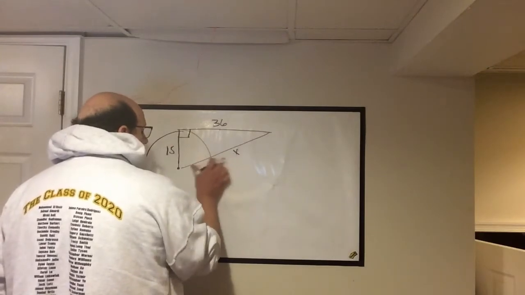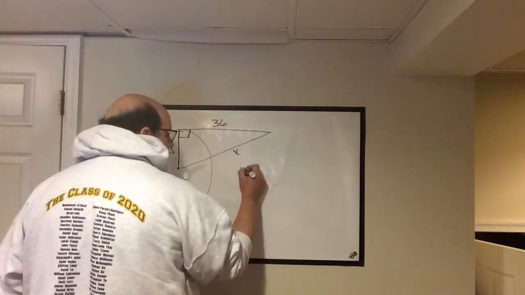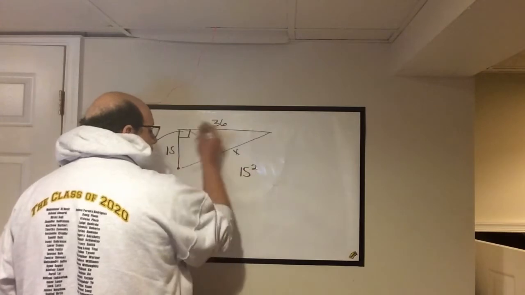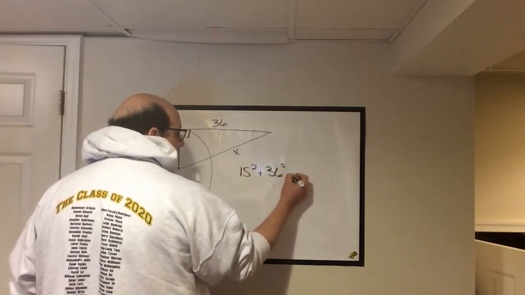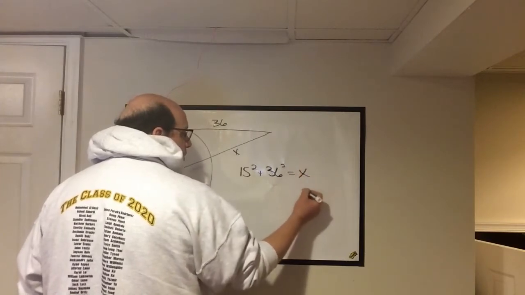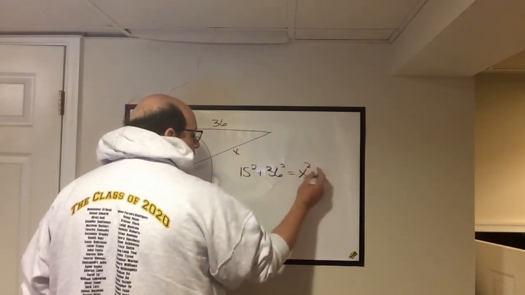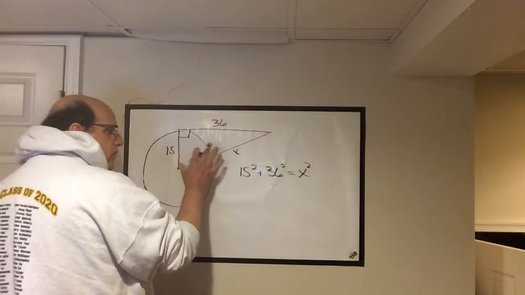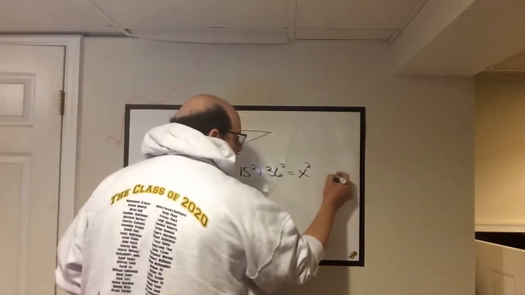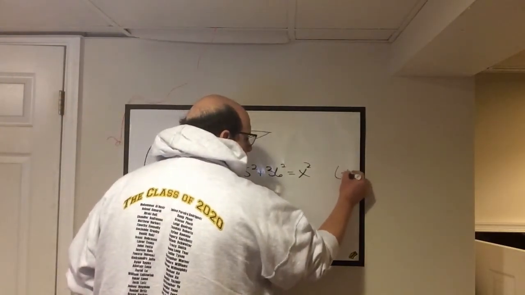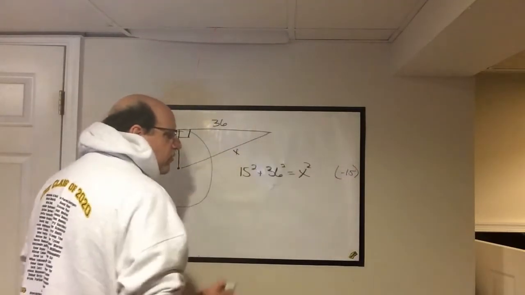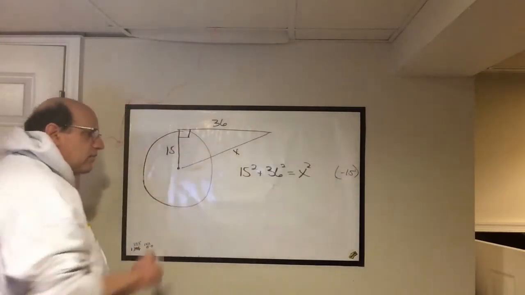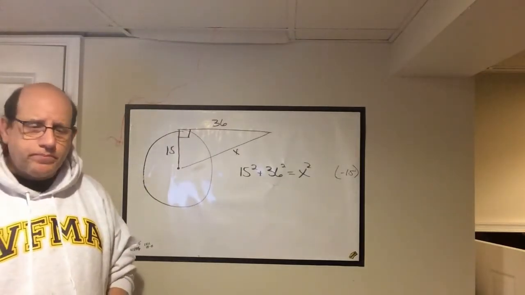Get rid of this 15 for now because it's going to confuse you: 15 squared, this leg, plus 36 squared, this leg, equals the hypotenuse squared, and then I'm going to put out here minus 15 that we've already been given. We're going to find the big number first and then subtract out the 15 that we already know.